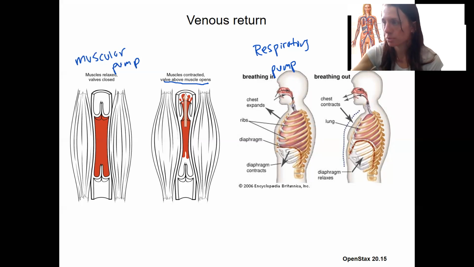So those are the two pumps, as well as what the valve does. And again, you need these pumps because blood pressure is so low, these pumps are going to facilitate venous return. And both of these things, both respiratory and muscular pump, are going to be increased during exercise when you need quicker venous return.